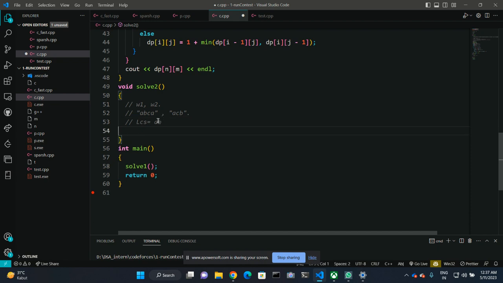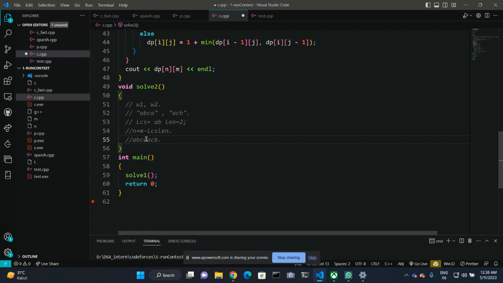And the length will be equal. So my answer will be size of word one plus size of word two minus the LCS length. Why? Because if I am directly appending ABCA and ACB, this string obviously will give this one and this one as its subsequences.